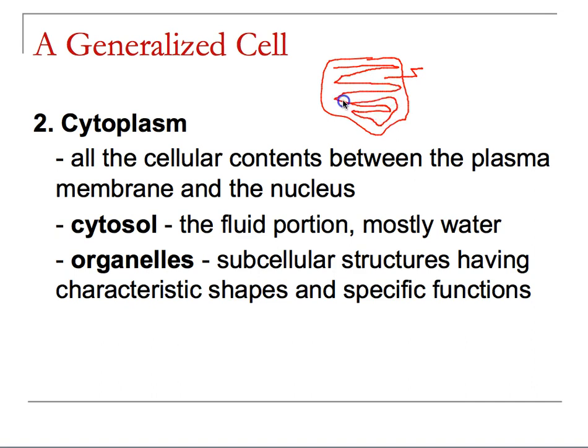Where you actually have the cytosol, which is the fluid portion, which is mostly water, but remember that's also salt water, right? And it has specific organelles inside of it, and that could be, say, the nucleus over here, or some other organelle over here. But the point is that it's suspended inside the cytosol portion of all of this, okay?